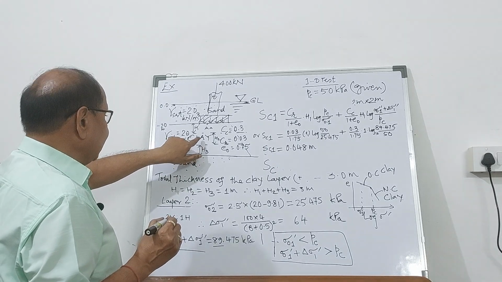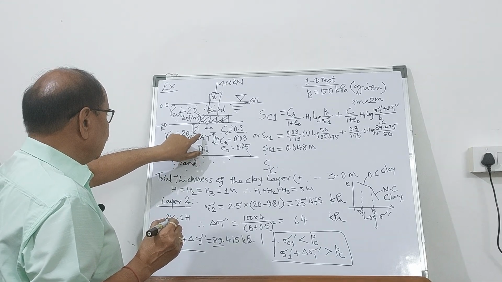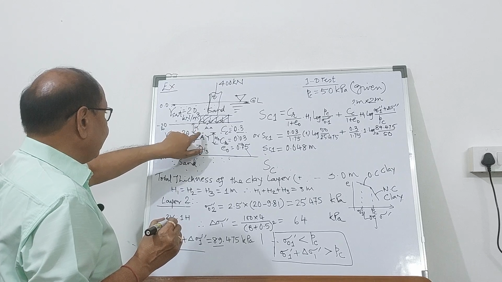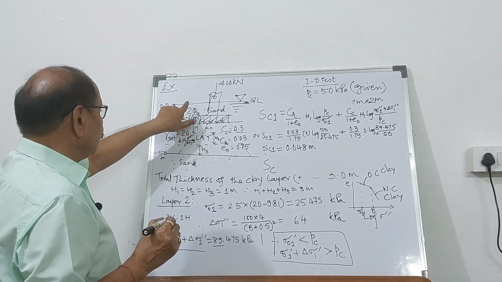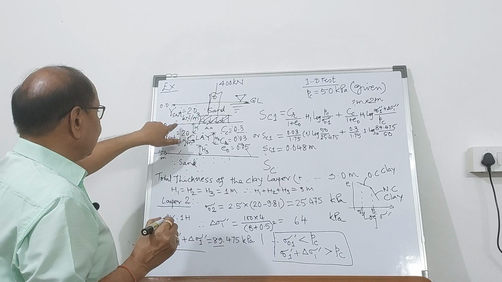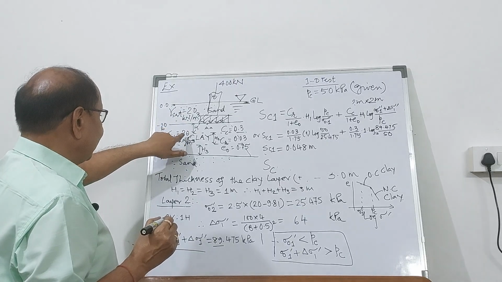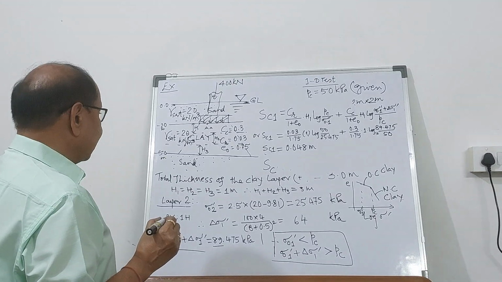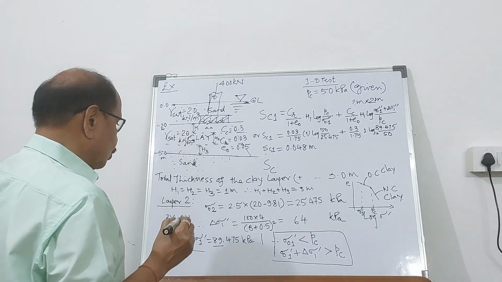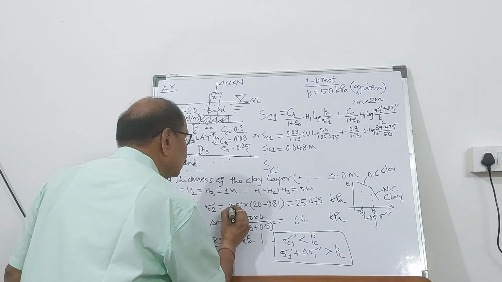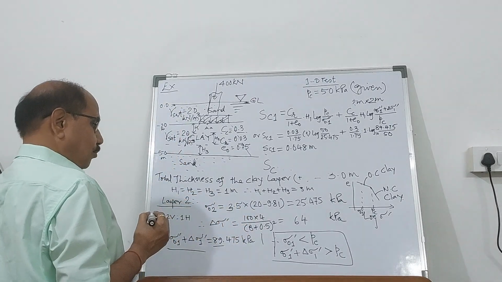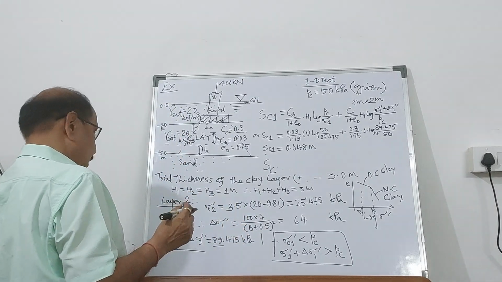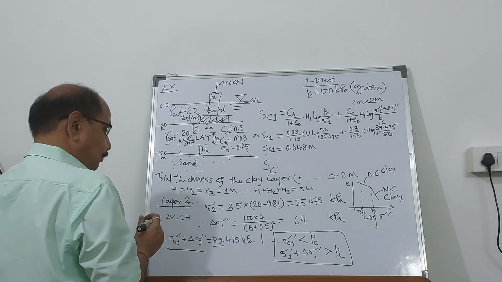At the midpoint, the average value is going to be 1.5 plus 2 meter. So 2 meter of sand, 1 meter of clay layer and 0.5 meter of the second layer. So 1.5 plus 2, 3.5.